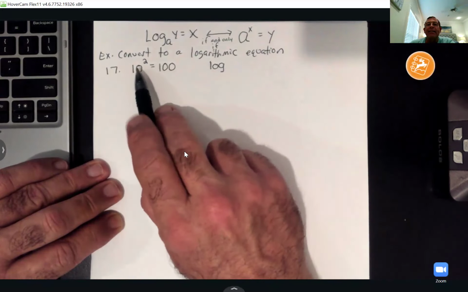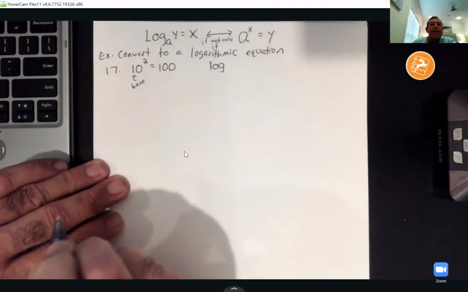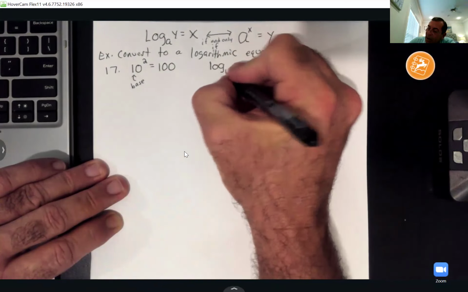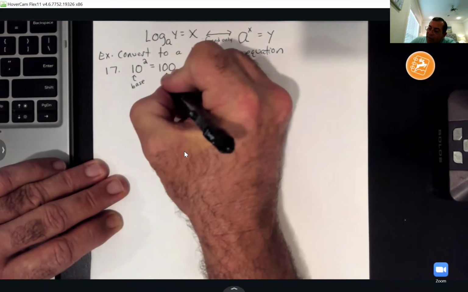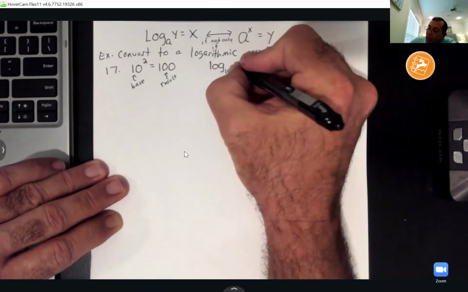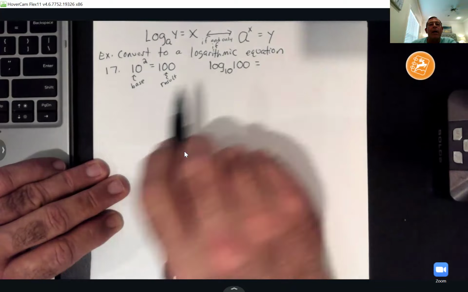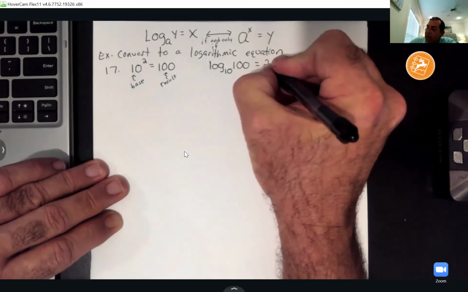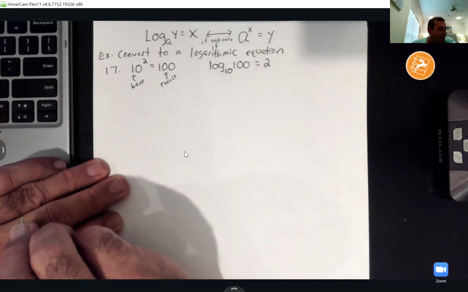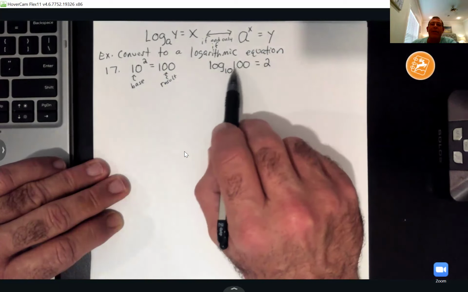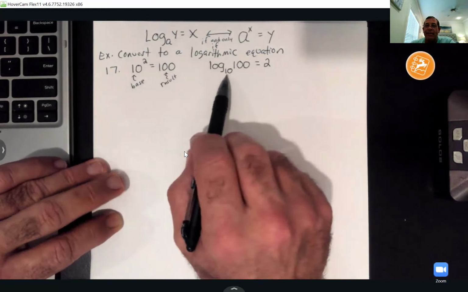Well, the base is the same base as the exponent has. Remember, 10 is my base, so this will be a log base 10. 100 is the result, so that's going to go right here where my result goes. And that's going to equal the exponent of 2. Okay, so y'all with me? Log base 10 of 100 equals 2 is rewriting this exponential as logarithmic.